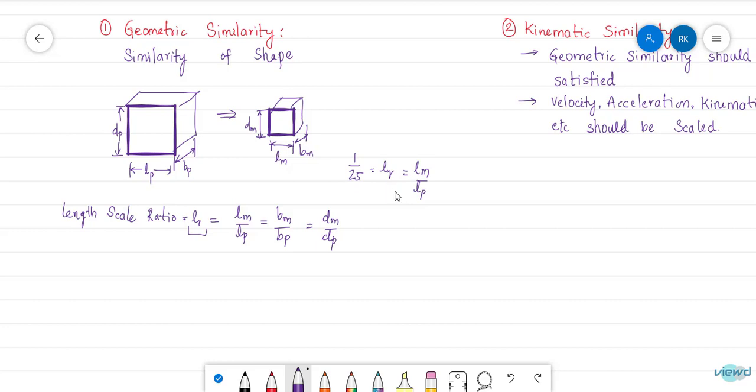That means if the prototype length is 25 meter, model length should be 1 meter, and if the prototype breadth is 50 meter, model should be 2 meter. So like that the length scale ratio should be decided.